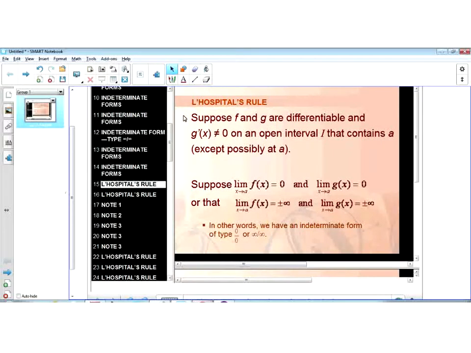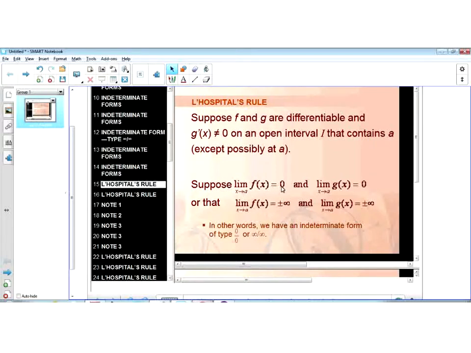Okay. So now we have what's called L'Hopital's rule. Suppose f and g are differentiable, and the derivative of g doesn't equal 0 on, say, some open interval I that contains a, except possibly at a.